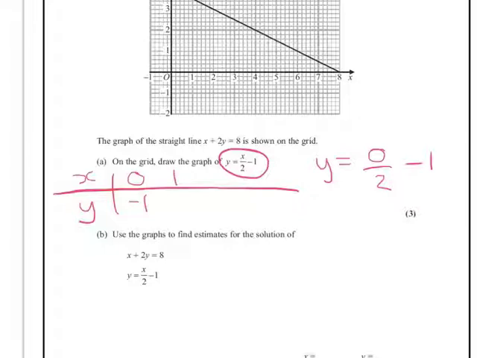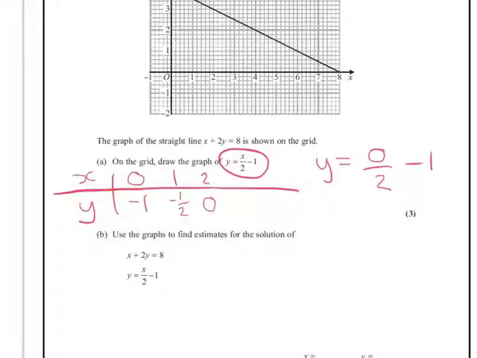If we then put 1 into that, we're just picking 0, 1, 2 because they are the easiest numbers to work with, but we'll keep going until we get to about 7. We're going to have 1 over 2, which is half, and then we're going to take away 1, which is negative a half. We're going to have 2, and that's going to give us 2 over 2, which is 1, take away 1, which is 0.